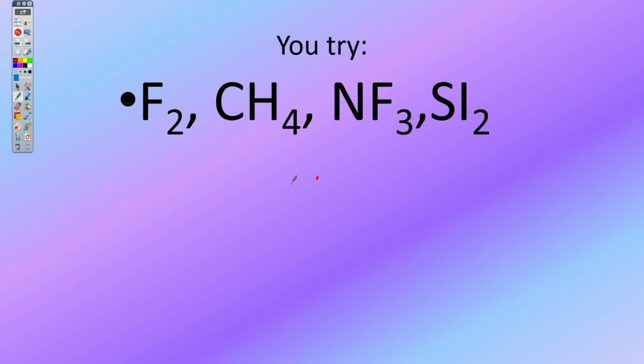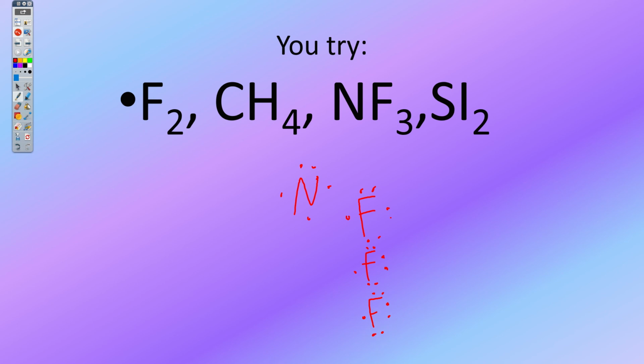Well, it went away. That's okay. So N, and then 1, 2, 3 Fs. N has 5 valence electrons, 1, 2, 3, 4, 5. F has 7, 1, 2, 3, 4, 5, 6, 7, and again 7, and again 7.